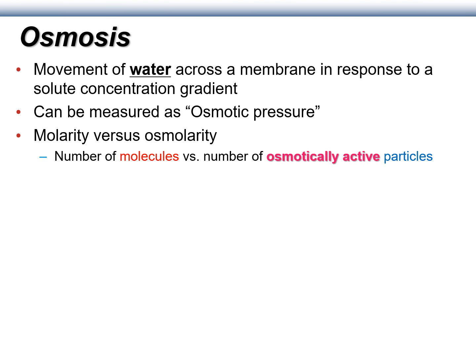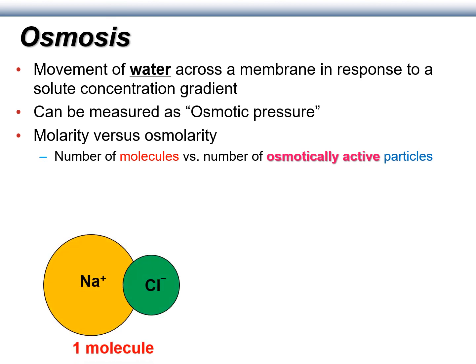But with a lot of salts, when they dissolve, they dissociate. And so every molecule in a salt may create more than one osmotically active particle, or osmotically active entity, shall we say. So we can have a different molarity versus osmolarity. For instance, sodium chloride, common table salt, right?